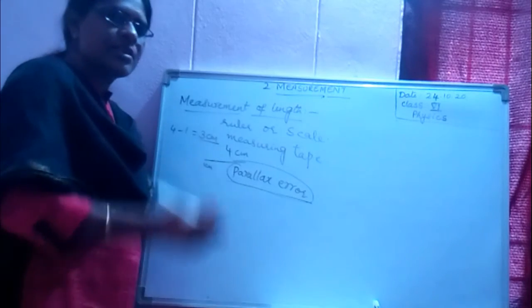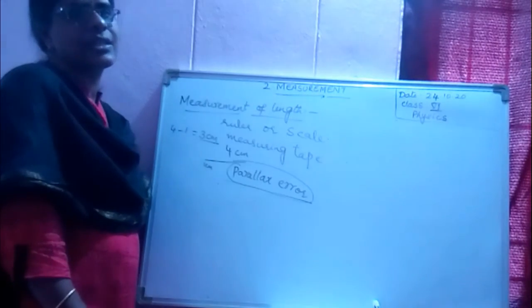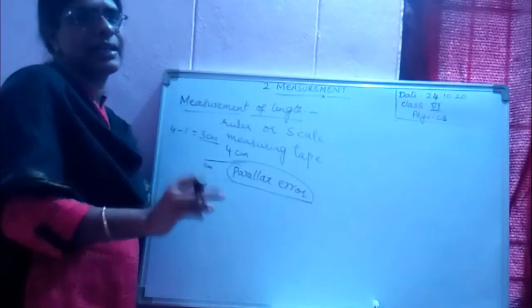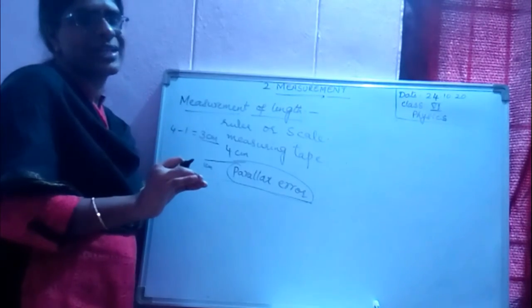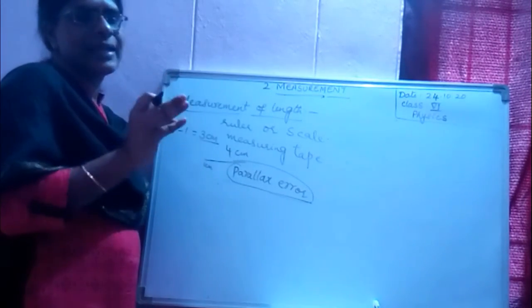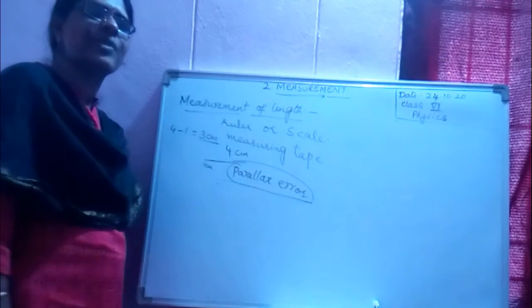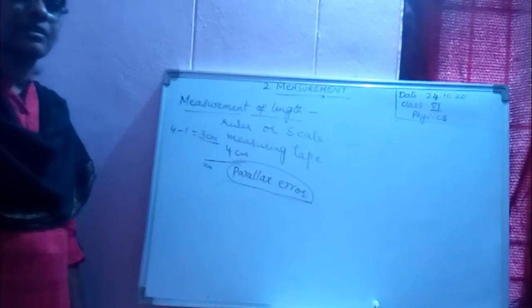These are the smallest and the highest units of length. Millimeter, meter, kilometer. Kilometer is for distance. Meter, centimeter, feet, inches. Like this we will be measuring length.